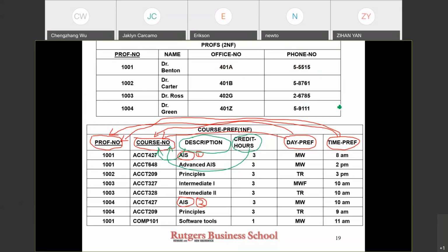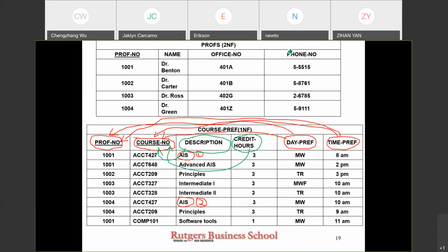In a sense, what we are saying is that the phone number non-key attribute is functionally dependent on office number, which is also a non-key attribute. This dependency between two non-key attributes in the table is called transitive dependency.